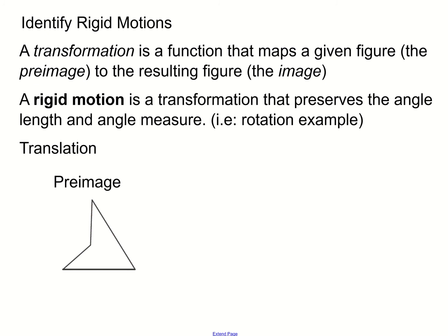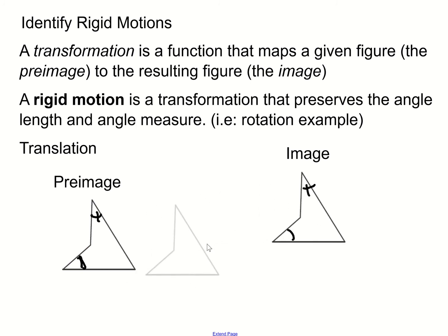So let's look at another example of a rigid motion, a translation. We have the same arrowhead pre-image, and we're going to transform it by this translation. What I mean by a translation is you take the pre-image and you slide it in a given direction.